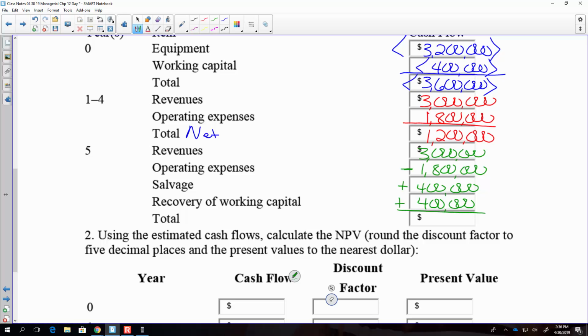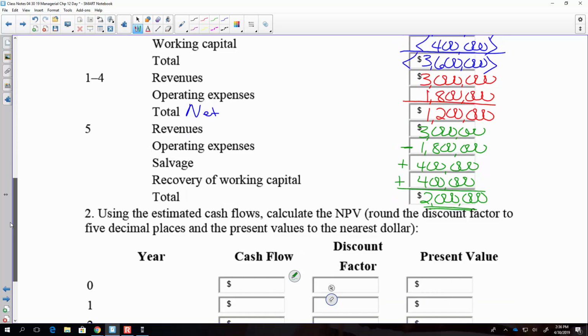Which then gives me a positive cash flow of 2 million. To round it out, I'm spending 3.6 in year 0. I'm getting 1.2 million for 4 years, and in the 5th year I'm getting that 2 million amount.